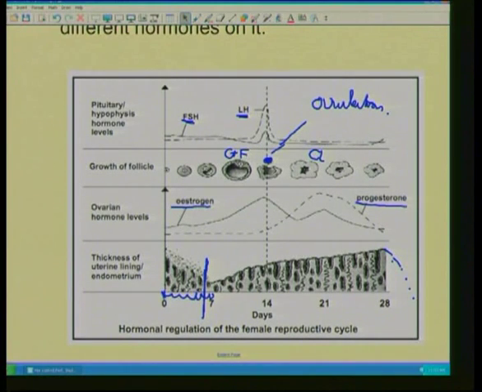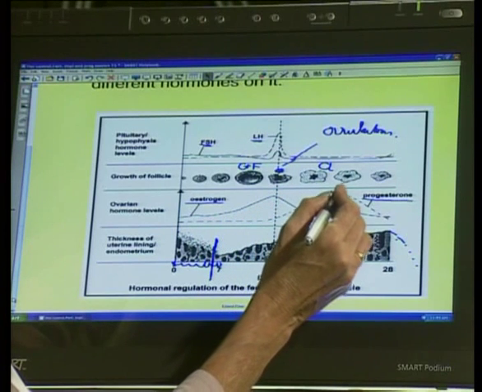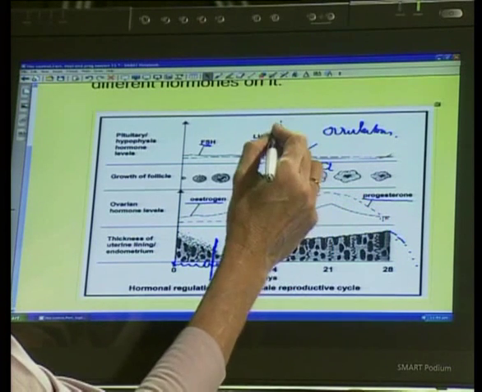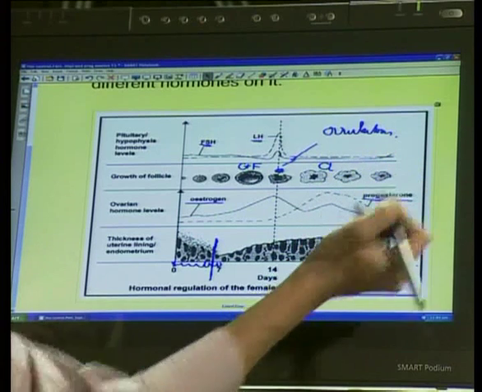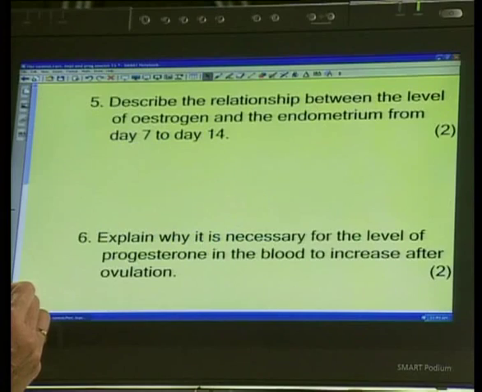As the estrogen level increases, it's going to stimulate the release of luteinizing hormone. But as the progesterone level increases, it's going to inhibit the amount of luteinizing hormone in the blood. And that, people, is as simple as that. You're merely explaining what you see on the graph.